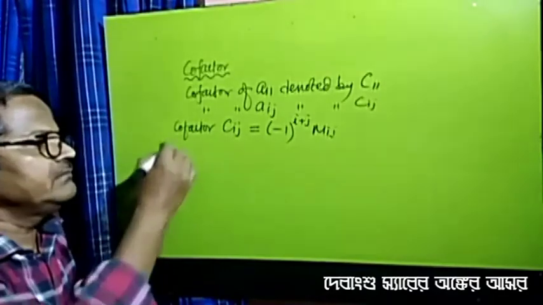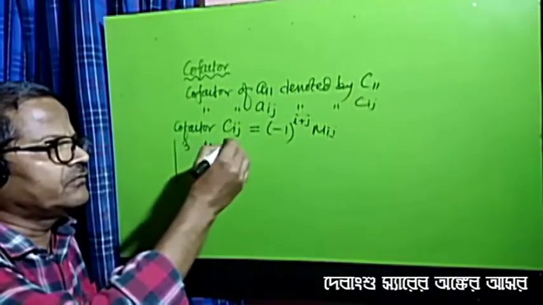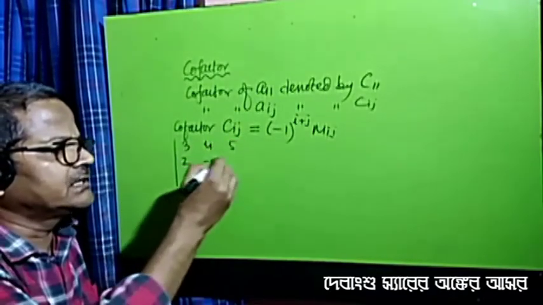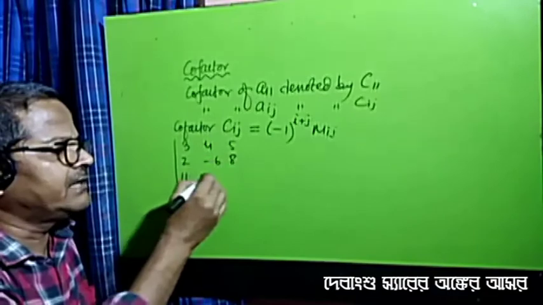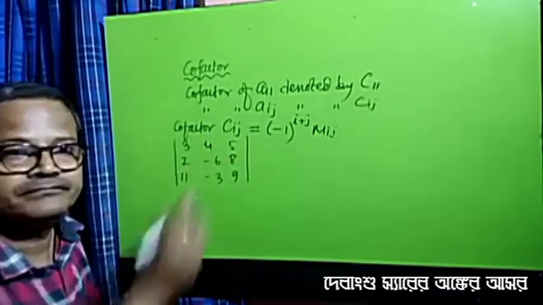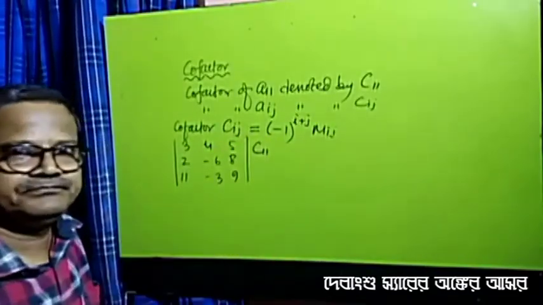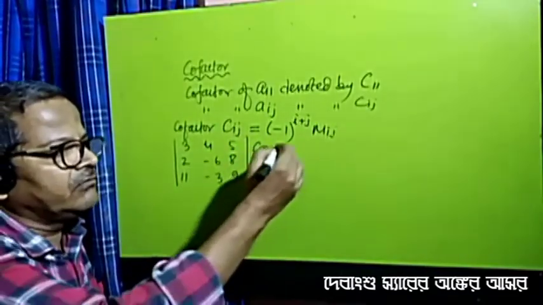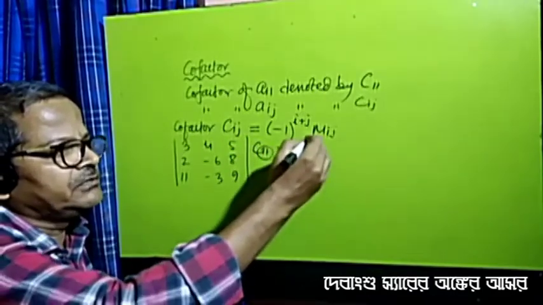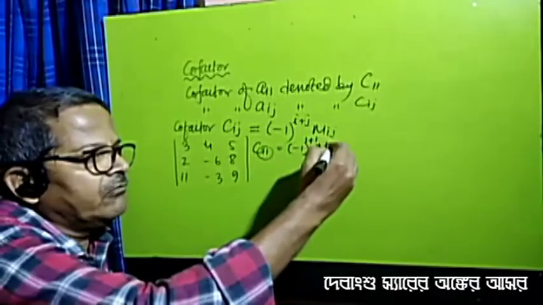For example, if the determinant is 3, 4, 5, 2, minus 6, 8, 11, minus 3 and say 9, then C11, since it is 1, 1, is minus 1 to the power 1 plus 1 into M11.